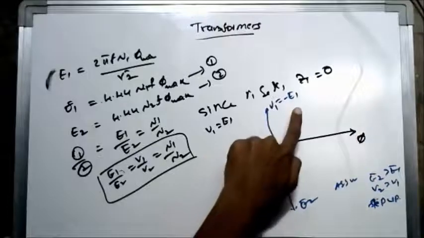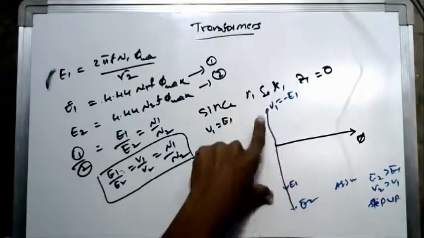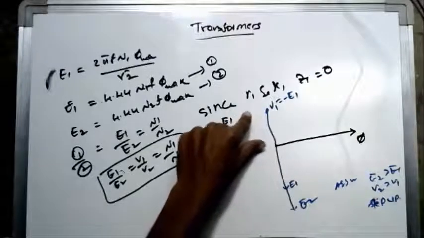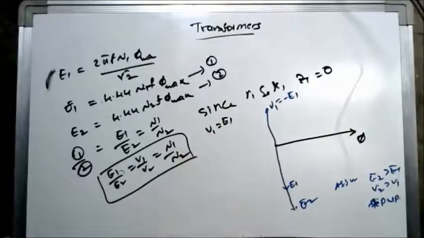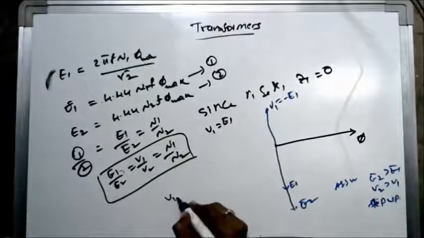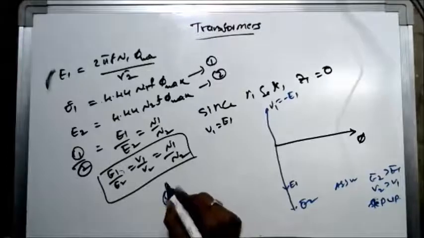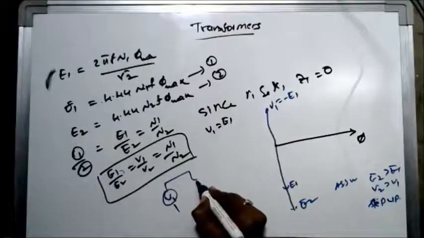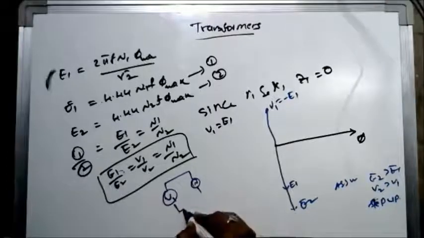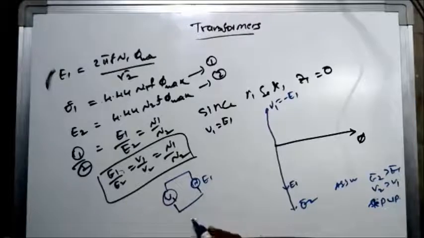This is the only representation of the winding voltage at the primary, because at the primary we will apply V1 here, and we will get E1 in this fashion. So according to KVL, V1 plus E1 is equal to 0.